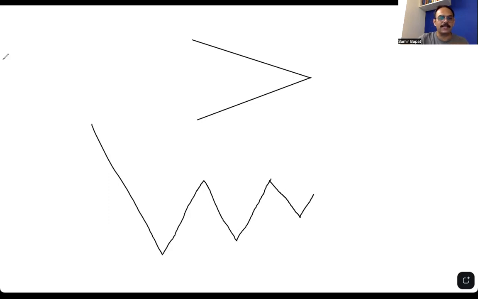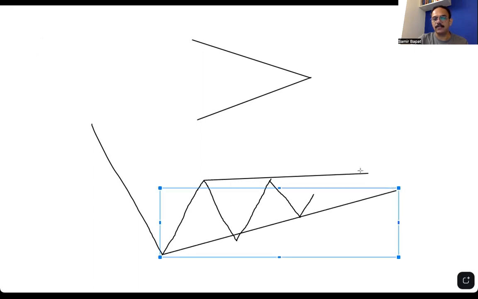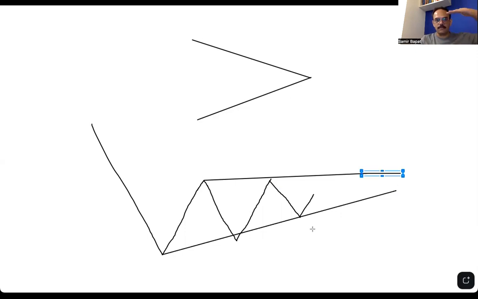So here what is happening is, we'll have a triangle where if we join the highs, this will be flat, and if we join the bottoms, the bottom line will be inclined. So the top line will be flat, the bottom line will be inclined.